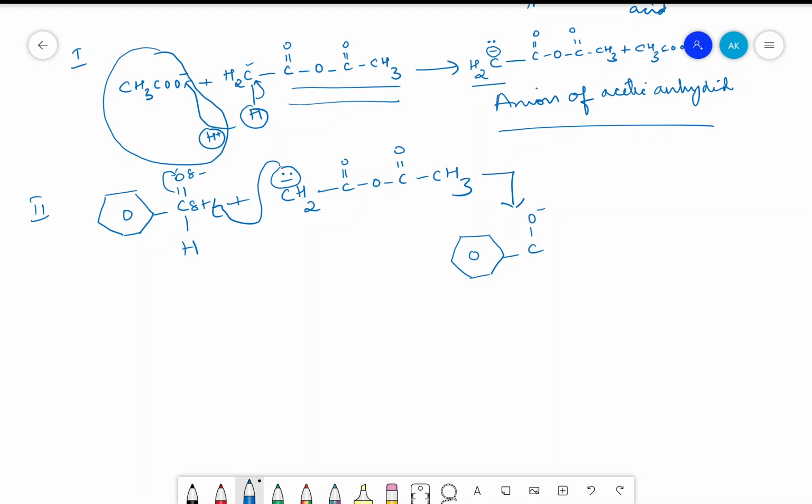The oxygen having negative charge, hydrogen as it is what we wrote here. This part is going to come, that is CH2 C double bond O, O, C double bond O, CH3. So this is the reaction intermediate we are going to get in our second step.